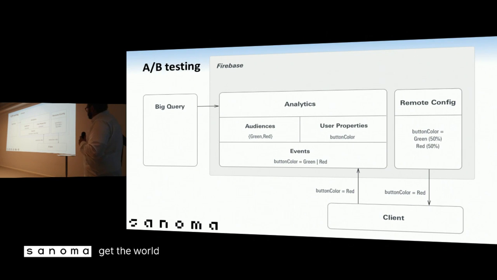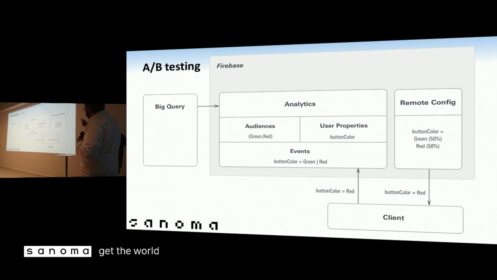You also define a remote configuration, which is button color. In this case, we divide the colors evenly on every user. But you can do it in every way you want. It's also dynamic. So the remote config is dynamic. We do it percentage based, but it could also be location based, or device based. So people with different devices get different colors.